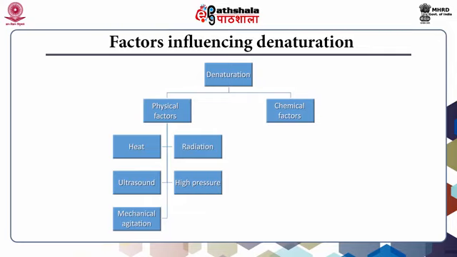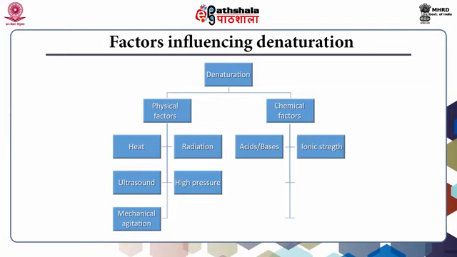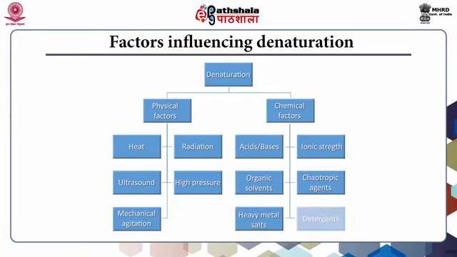Chemical factors include the presence of acids and bases, high ionic strength, organic solvents, chaotropic agents, heavy metal salts or even detergents. There can be additional factors such as cross-linking, disulfide bond reducers, mechanical agitation, etc., which can contribute to the enzyme denaturation.